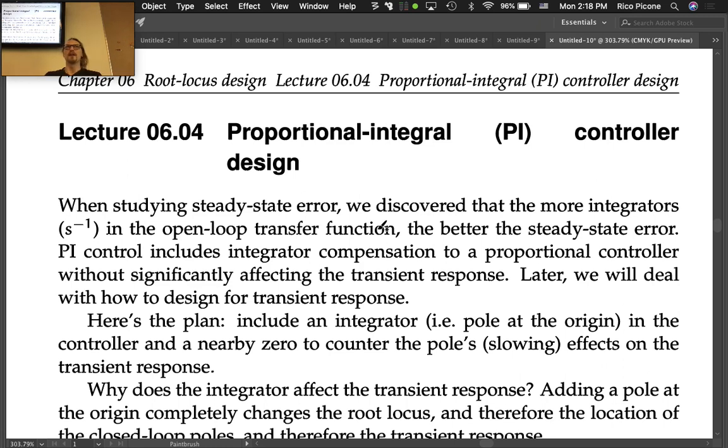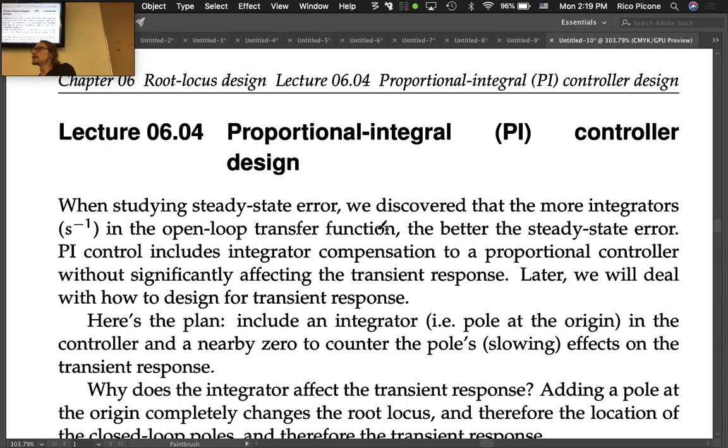So we're going to try to mitigate that change, to affect the root locus minimally with our compensator. We don't really want to change it much because it'll change the transient response.